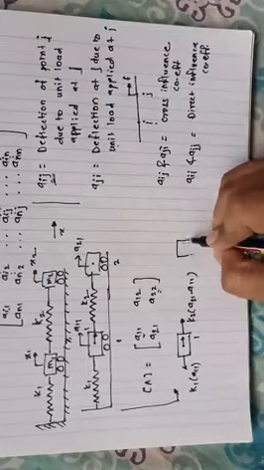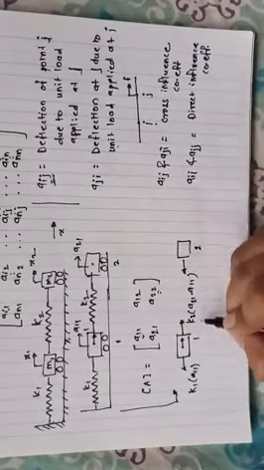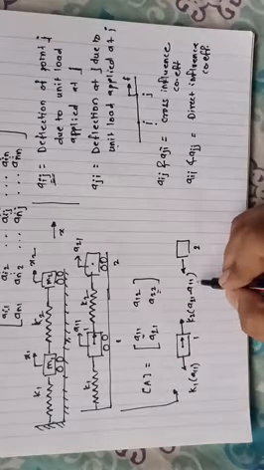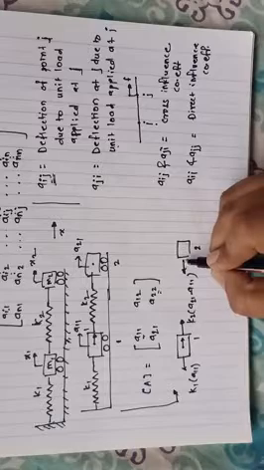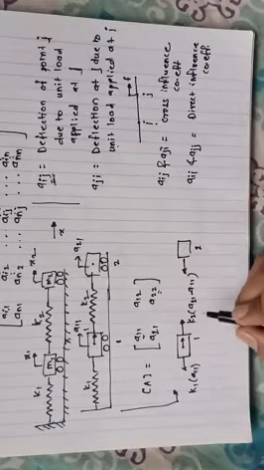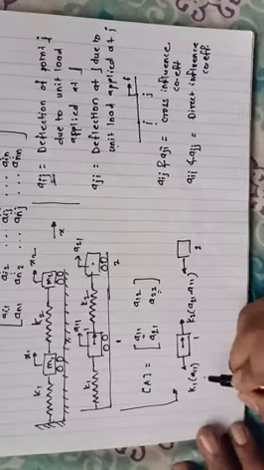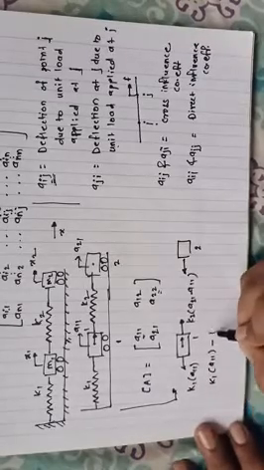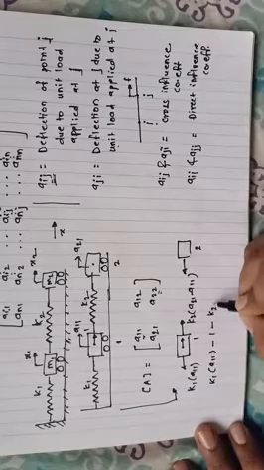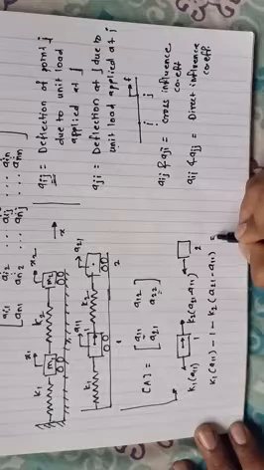The free body diagram of mass 2 has a similar load, that is K2 into (A21 minus A11). Alright, so there will be no other force. So let's write the equations of equilibrium. K1 into A11 minus 1 minus K2 into (A21 minus A11) is equal to 0.